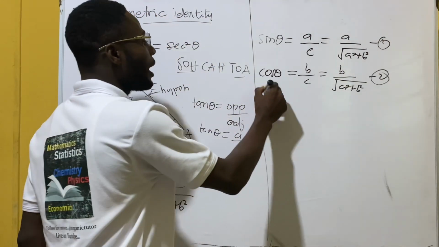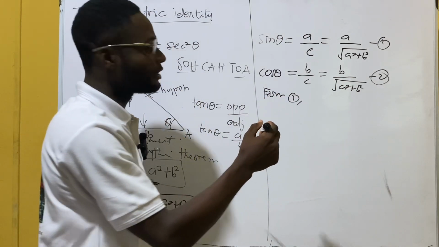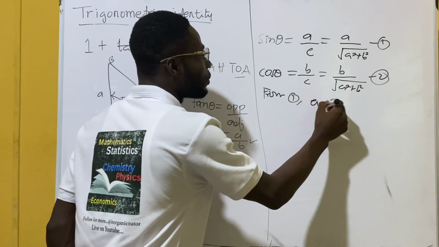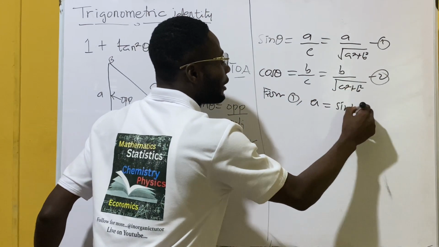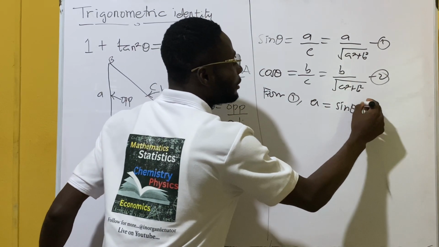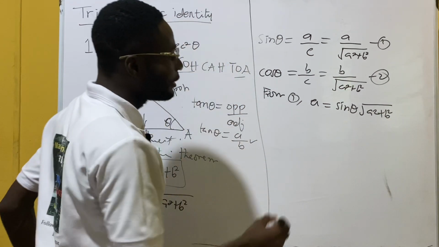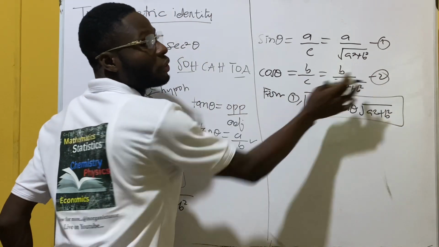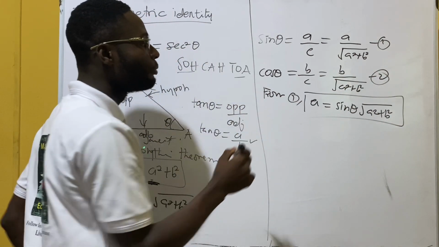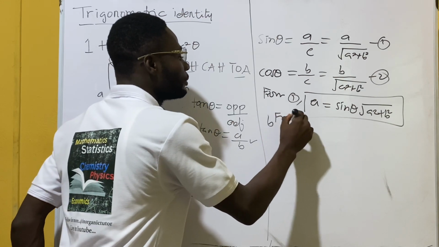From 1, we are making A the subject. So A equals sine theta times square root of A squared plus B squared. Let's come to equation 2.